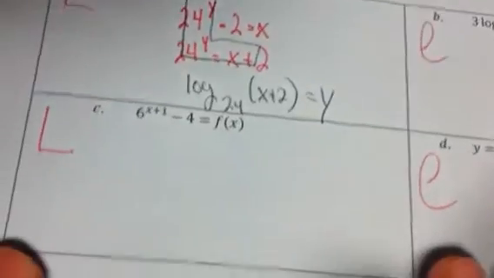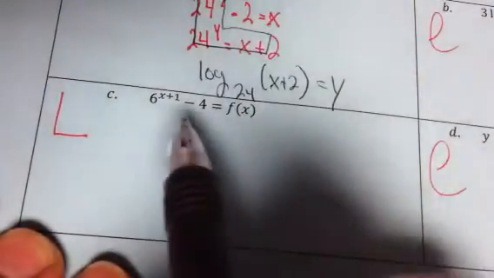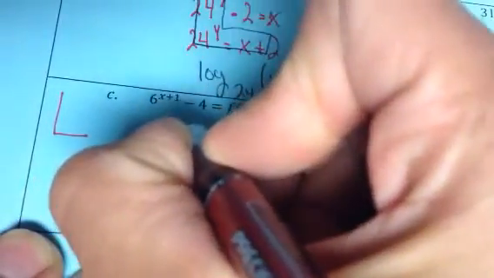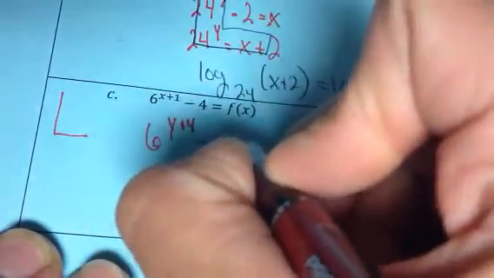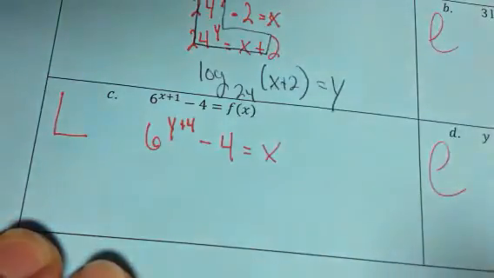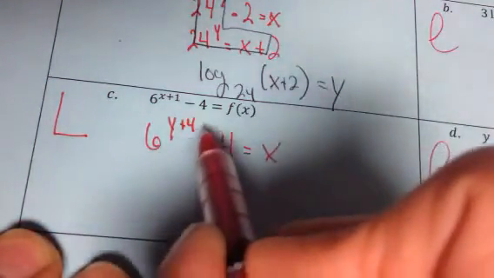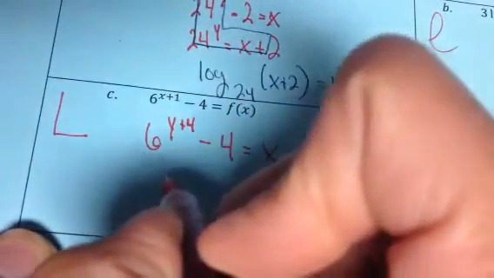So I'm going to go to C next, since it's the same idea. So first I'm just going to switch x and y around. And now I can't do the L until it's just the base and the exponent, so I'm going to add 4 over.